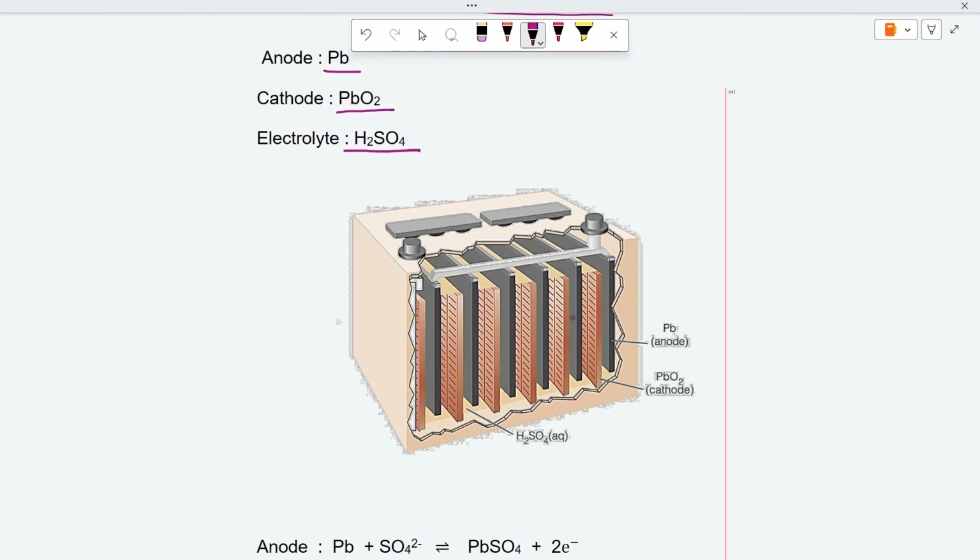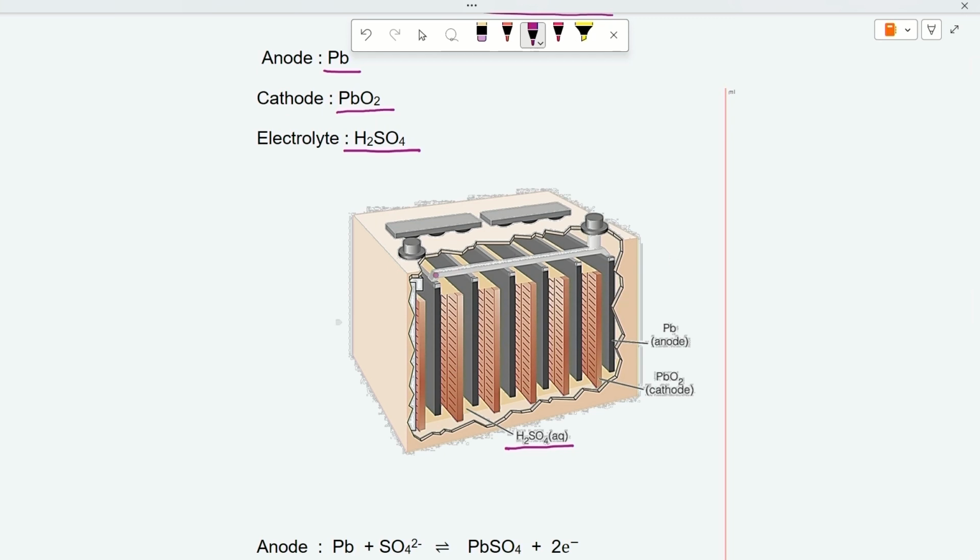Now, I have the cross section of this battery. See, these black colored plates represent the lead anode, and the brown colored plates represent the lead dioxide, which will be the cathode. These are dipped in a solution of dilute sulfuric acid, so that forms the electrolyte.